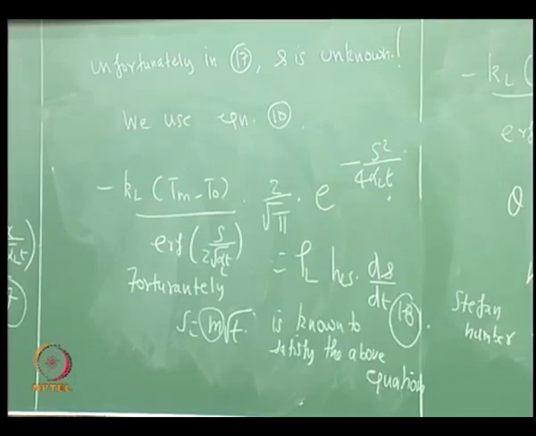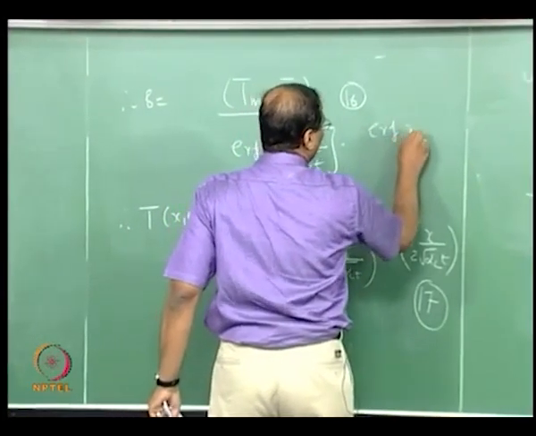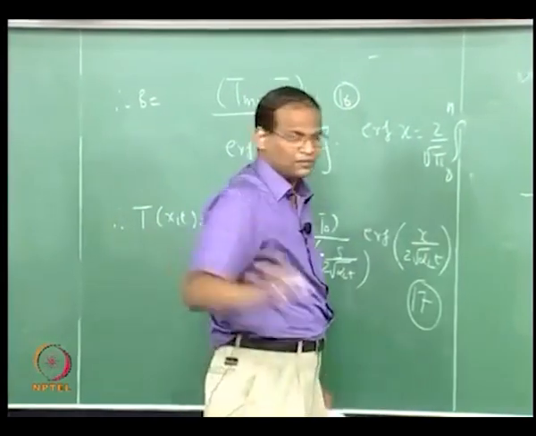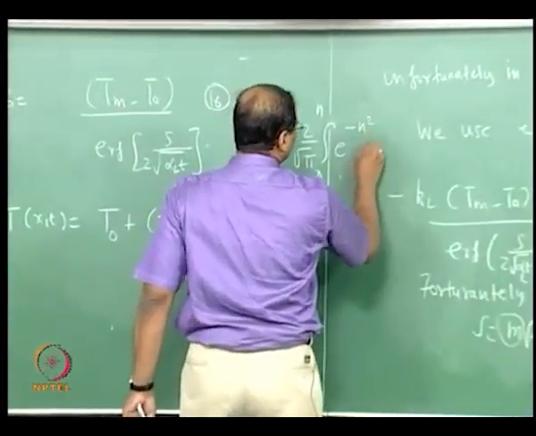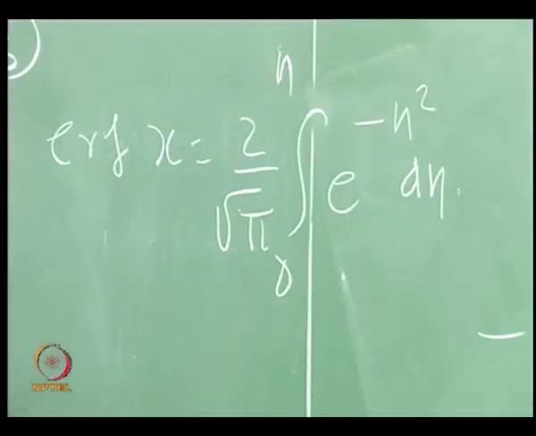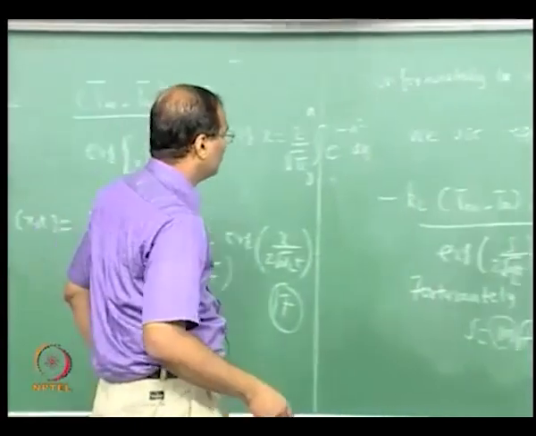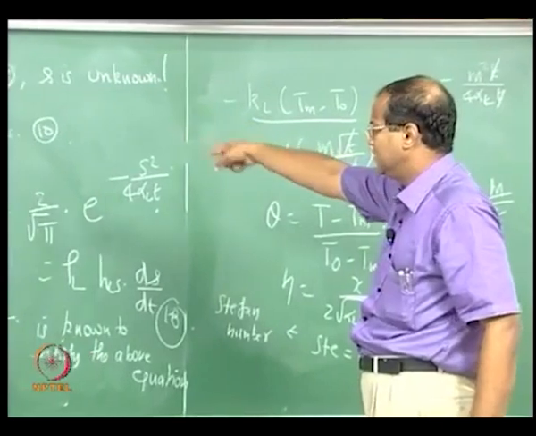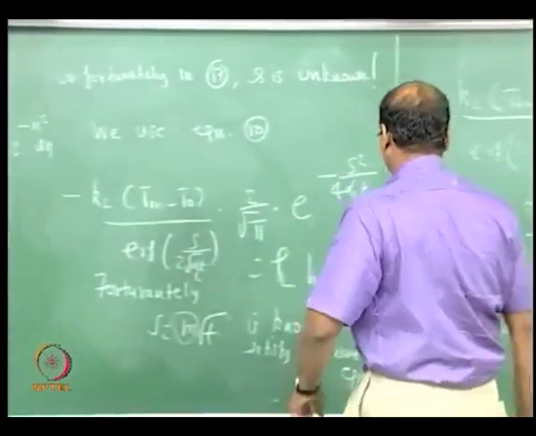The error function of x, the differential of this will be 2 by root pi e to the power of minus eta square into the differential of eta. So that term you have left out. Are you getting the point? So that is why we are having trouble.